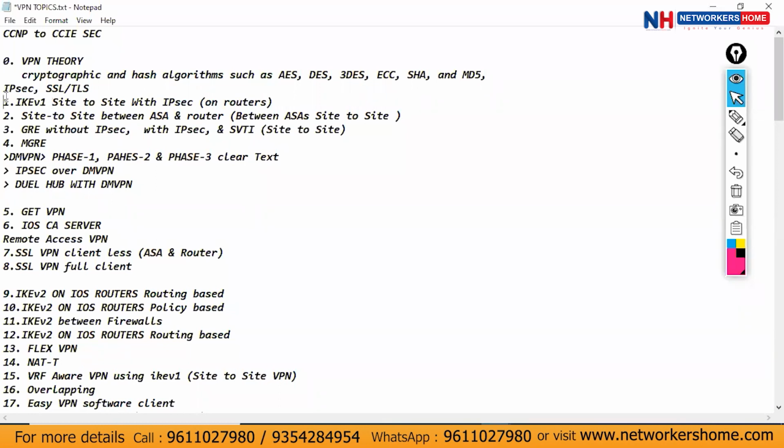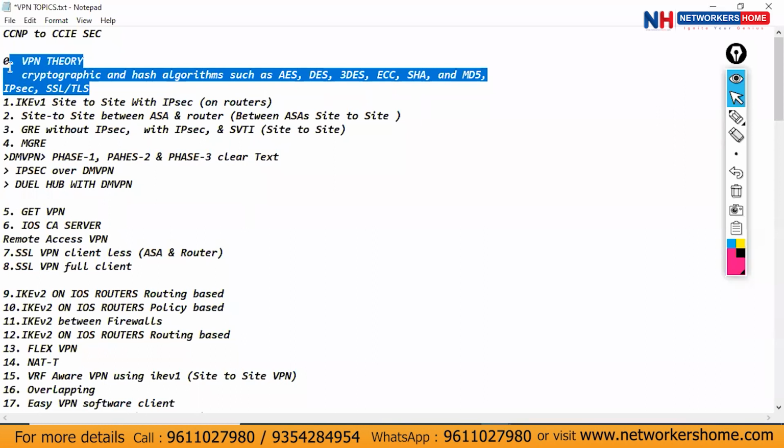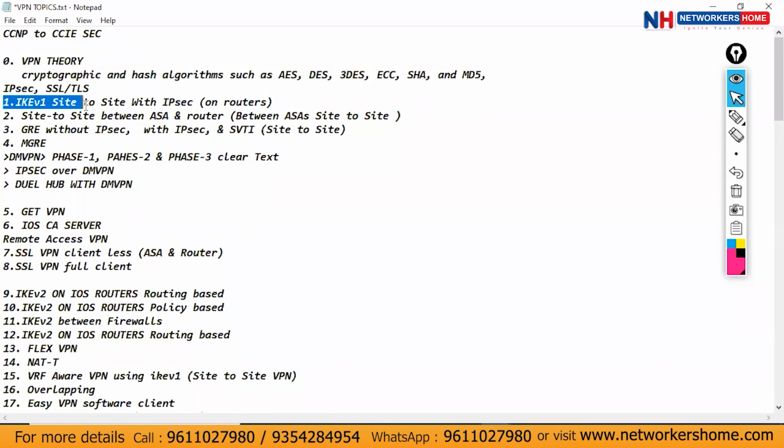First of all, we'll cover all these theoretical parts, and then we'll come to IKEv1 site-to-site VPNs deployed between routers. So there will be two sites, and both sites will have routers. You are good with routers right now. You will understand how to deploy VPNs with routers. The same deployment we are going to see between one site as an ASA and another site as a router, and again between ASAs also.